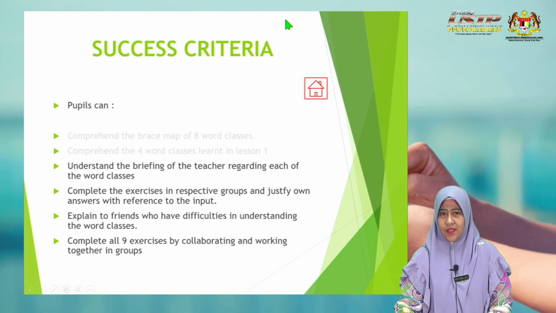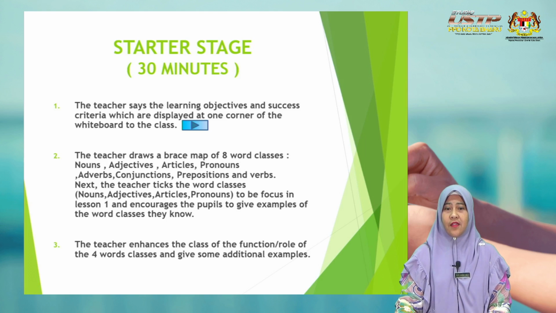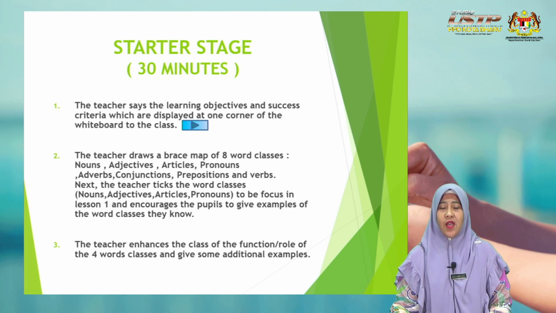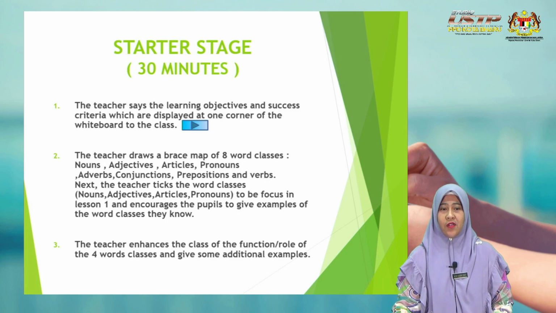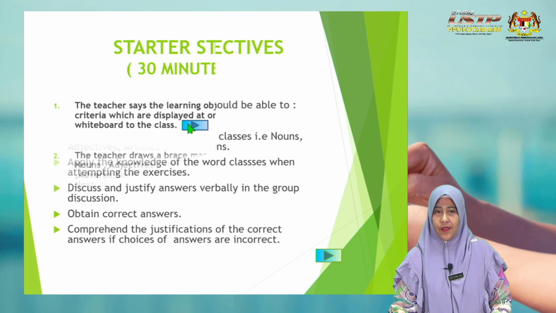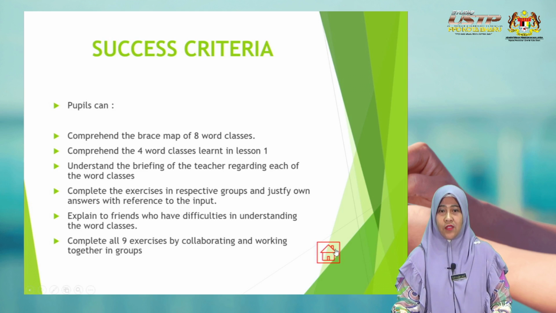In the starter stage, the teacher says the learning objectives and success criteria, which are displayed at one corner of the whiteboard, to the class. Okay, these are the learning objectives and the success criteria.